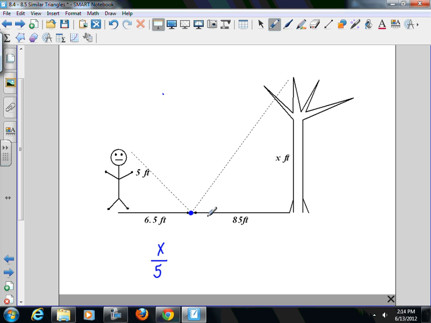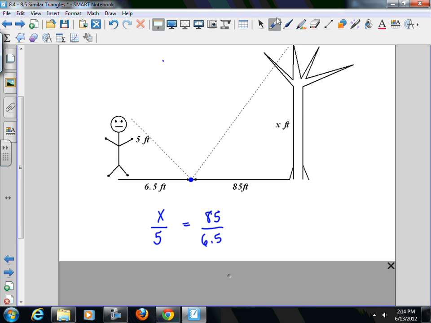The base of the tree, from the point where the angle of elevation begins to the base of the tree is 8.5 feet, and that should correspond to where the person is standing to the start of that angle of elevation. So that's 6.5 feet. So we're going to say 8.5 feet should correspond to the 6.5 feet.